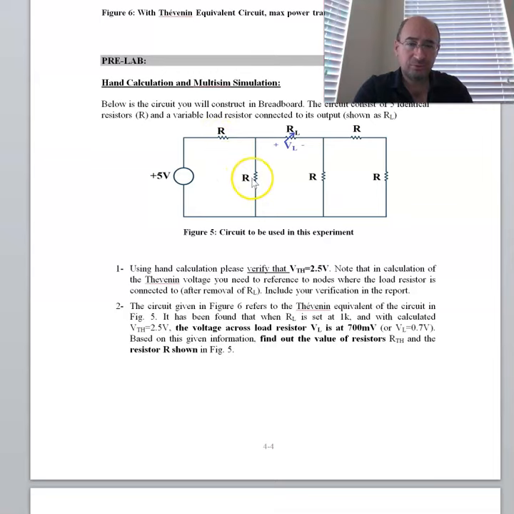First of all, you should prove that VThevenin of this circuitry, when RL is removed, of course, is 2.5 volts. Hopefully you can easily show me that this is the case. And this is the actual information you will use to figure things out. It gives you the voltage at the load when the load is at 1 kilo ohm. So when RL is 1K, VL is 0.7 volts.